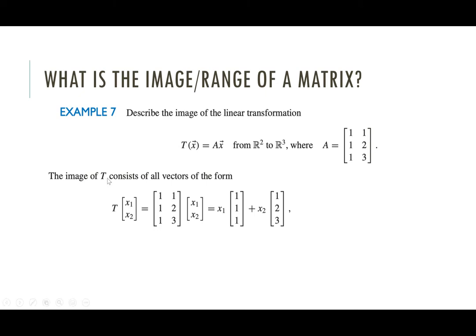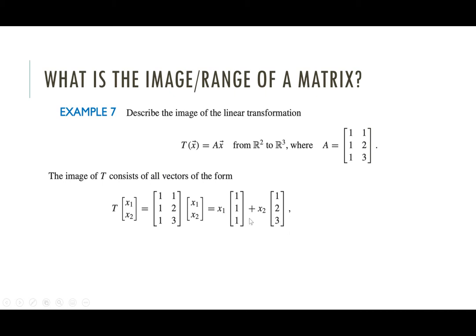Now the image is all of the vectors of this form. Here we're starting with the linear transformation, not the matrix. You take a random input vector. What does the output look like? This transformation is just multiplication by the matrix A. Again, we look at the column picture of this.